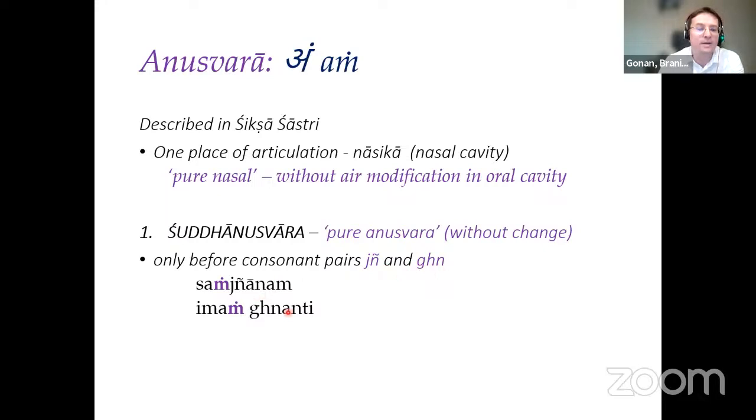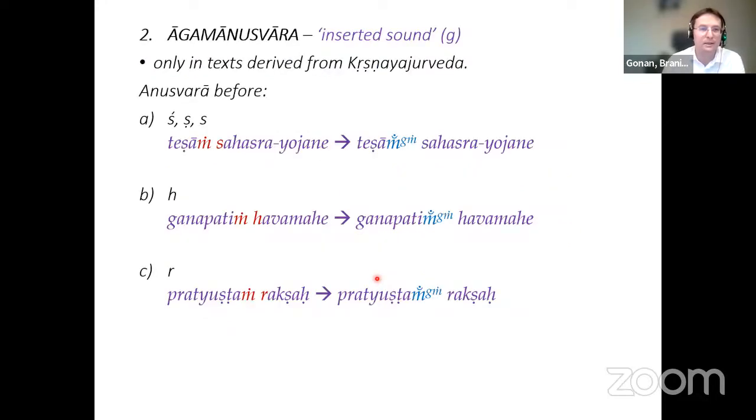So samgnanam imam ghanti. In these cases, this Anusvara stays without any changes, and it is a pure nasal sound. Okay, only before those two consonant pairs.